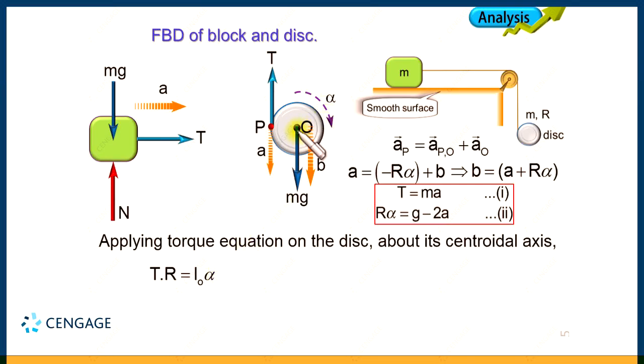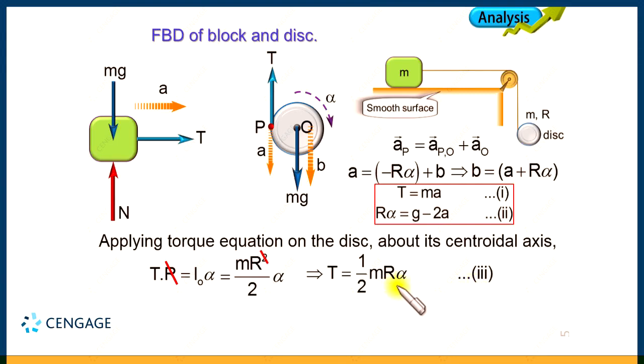And we know the moment of inertia of the disk about O, that is about an axis passing through O and perpendicular to the plane, is equal to mr square divided by 2. So we can write in place of I, mr square divided by 2. Now here also we can observe this R and this R will get cancelled. So here we have the equation T equal to mr divided by 2 multiplied by alpha, or you can say 1 by 2 mr alpha, equation number 3, right?